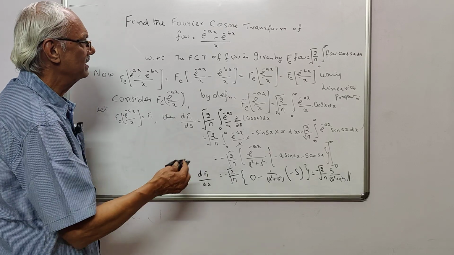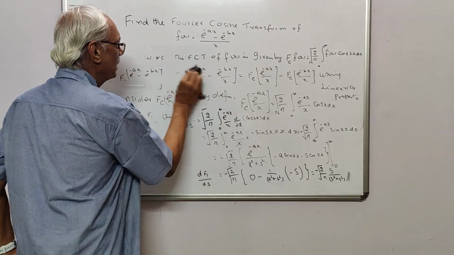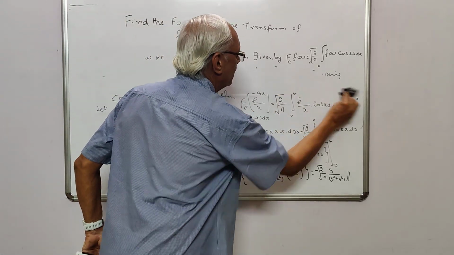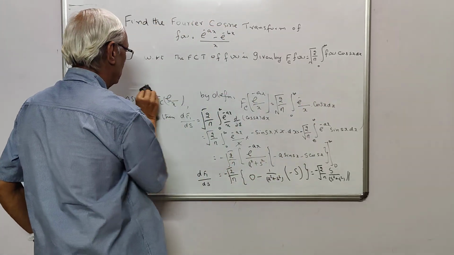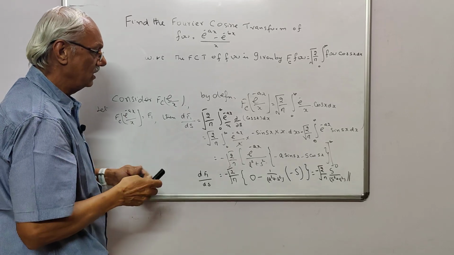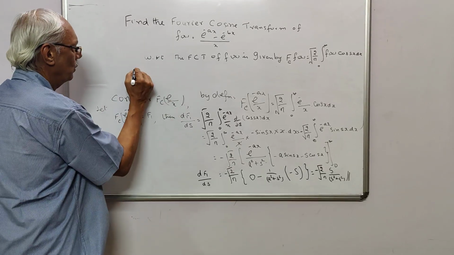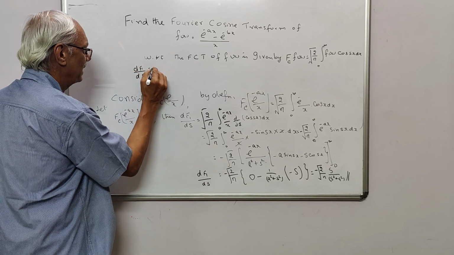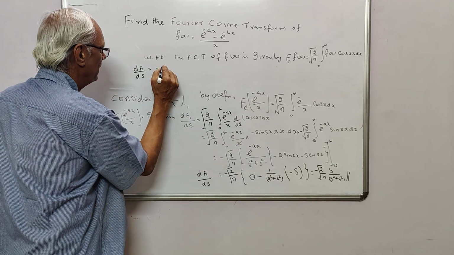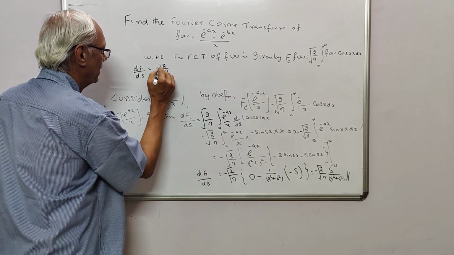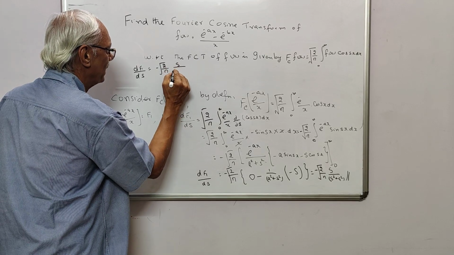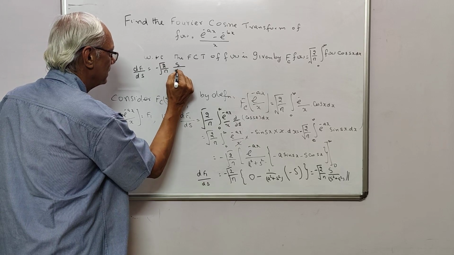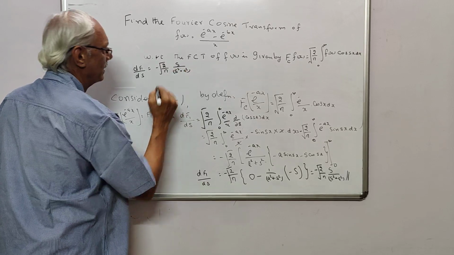Now I'll start writing this again. So what you get here is df1 divided by ds is equal to minus 2 by pi, square root of this, into s by s squared plus a squared.